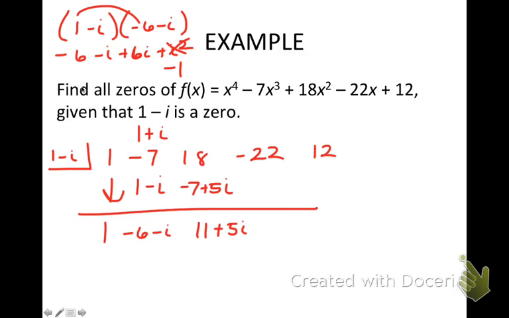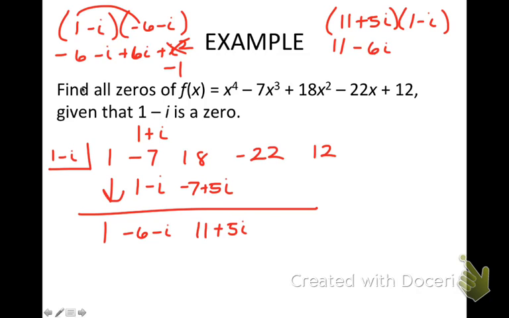Now we're going to multiply again. Sidebar up top: 11 plus 5i times 1 minus i. So negative 11i plus 5i would be what? Negative 6i.